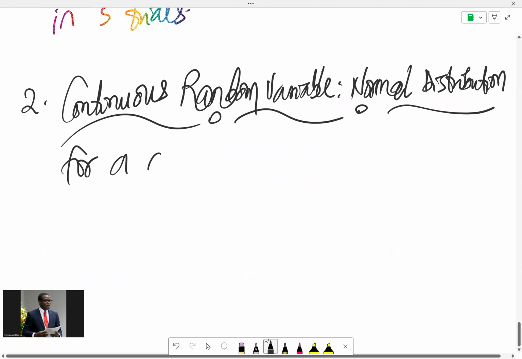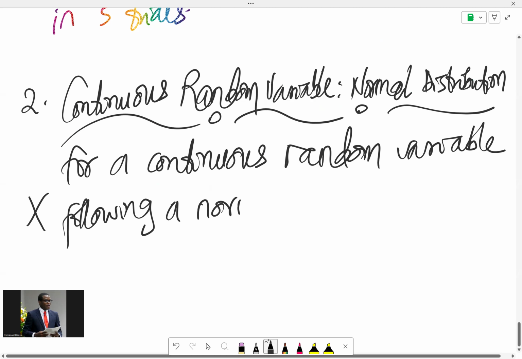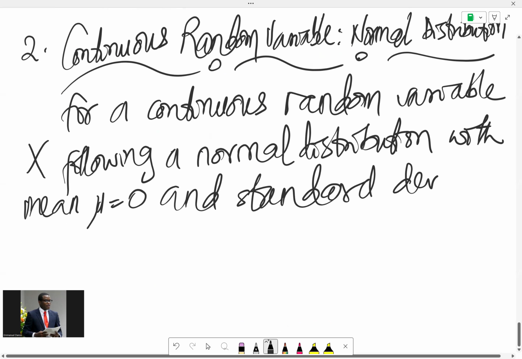For a continuous random variable x following a normal distribution with mean mu equals 0 and standard deviation sigma equals 1.